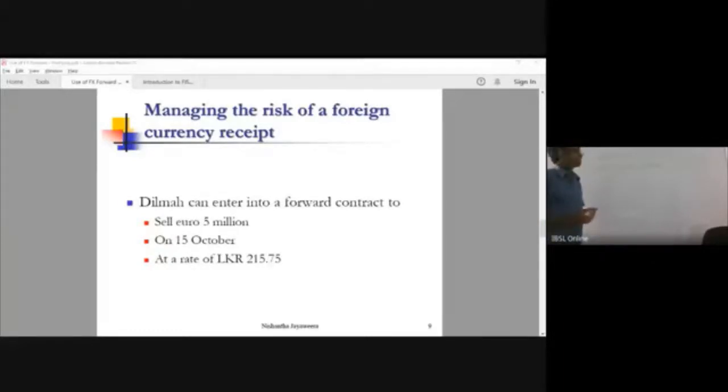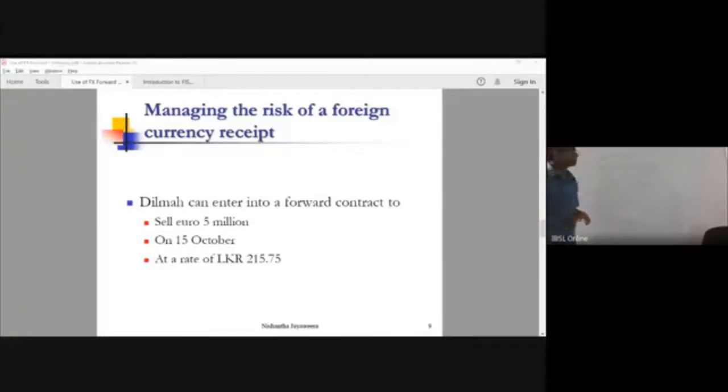Today, 210 into 5 million is 1 billion and 50 million rupees. That's the amount the tea exporter expects to receive at the current exchange rate.